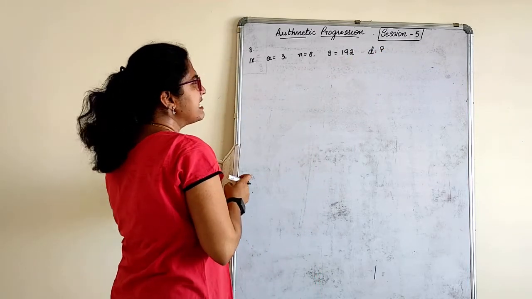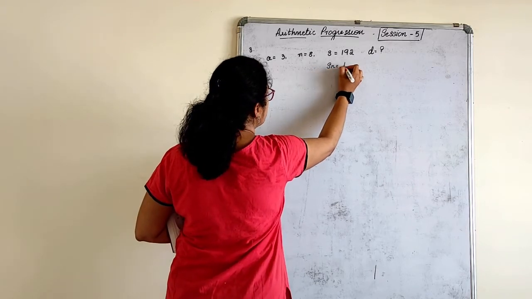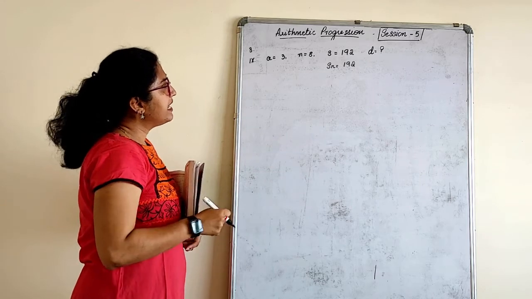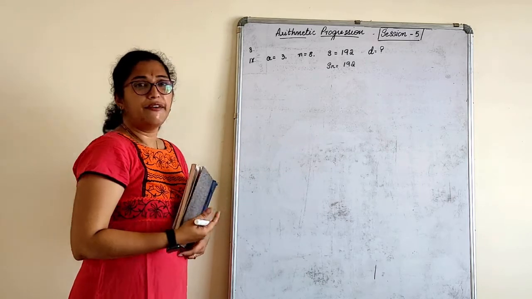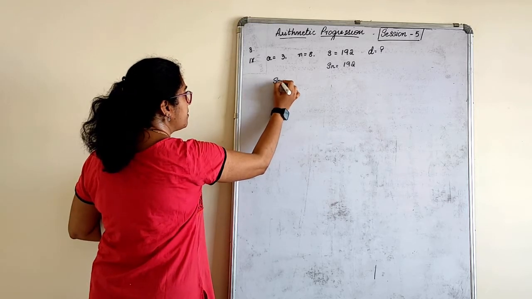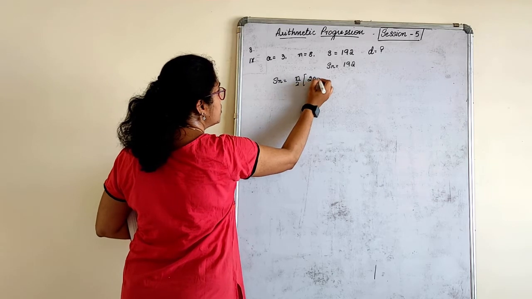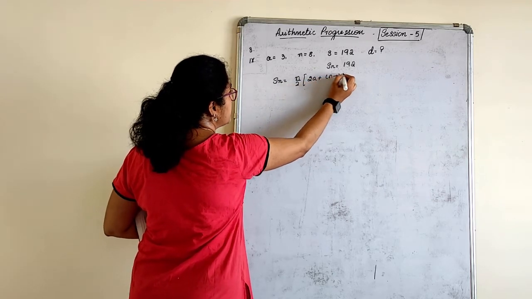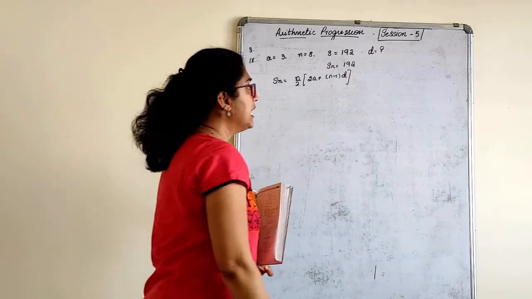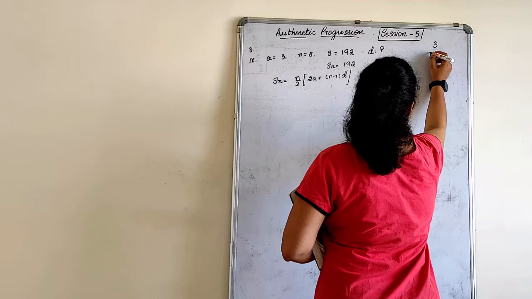Now what is this S? S is nothing but Sn is equal to 192. Now a is there, n is there, Sn is there, you have to find d. Which formula? The direct Sn formula can be applied. Sn is equal to n by 2, 2a plus n minus 1 of d. Only one unknown we have to find. Quite simple, right? Take this third main 9th sum for homework.